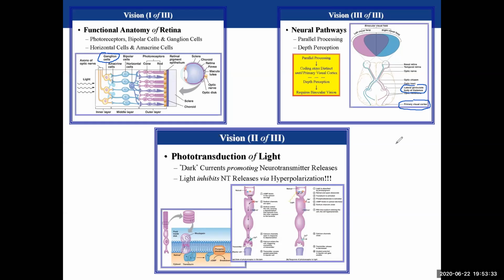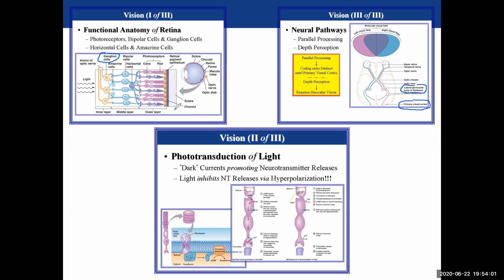Information that goes to the suprachiasmatic nucleus is for the 24-hour day and night cycle, circadian rhythm, right? And the third pathway goes to the thalamus, which ultimately will go through optic radiation and onto the primary visual cortex.